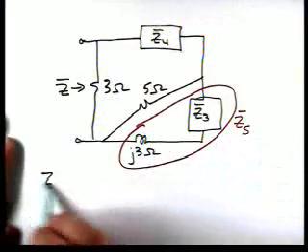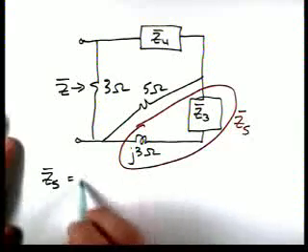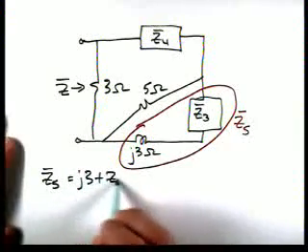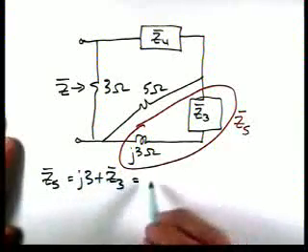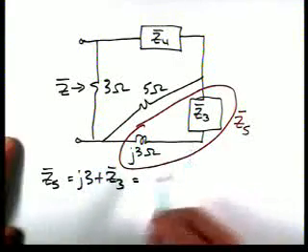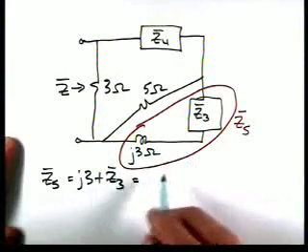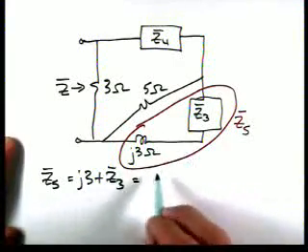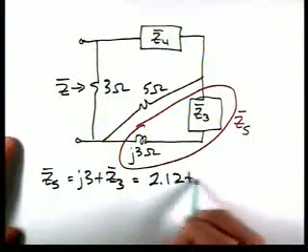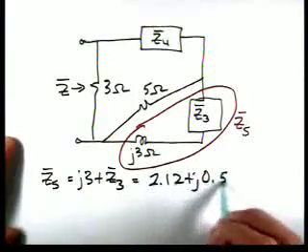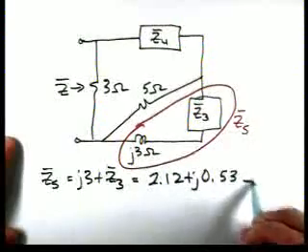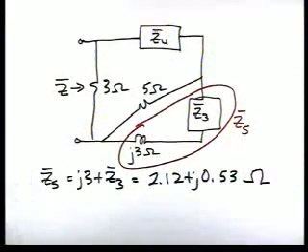So Z5 is j3 plus Z3, and this turns out to be 2.12 plus j0.53 ohms.